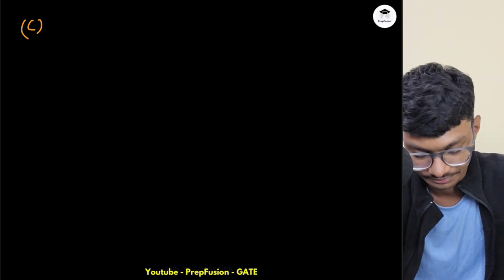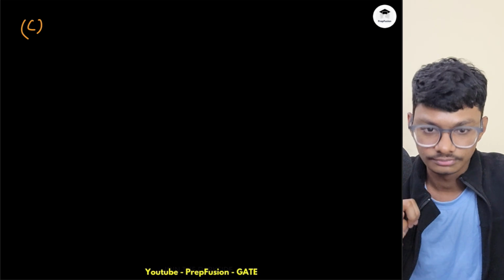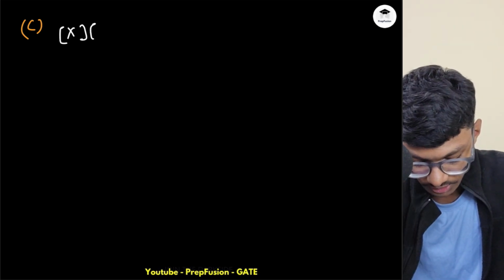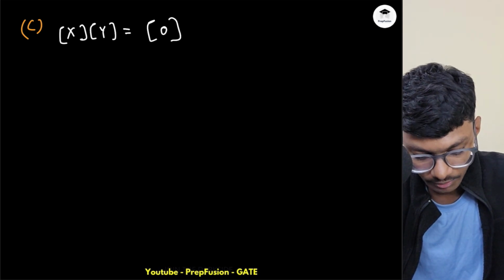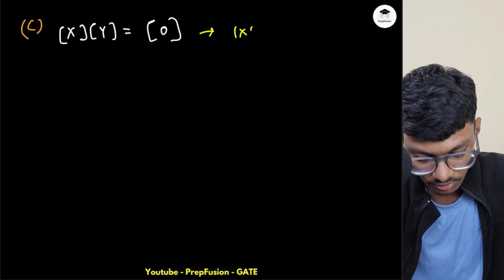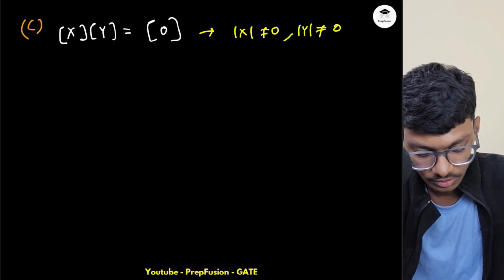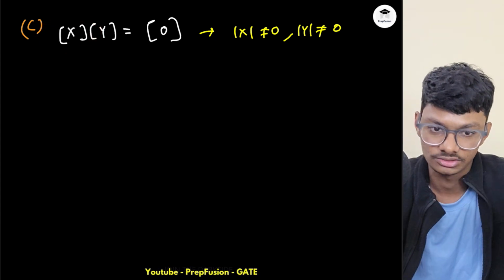But why is it correct? It is correct because x and y equal to 0. But I will not be able to take the inverse of any of these two, so I won't be able to prove that either x is a null matrix or y is a null matrix.